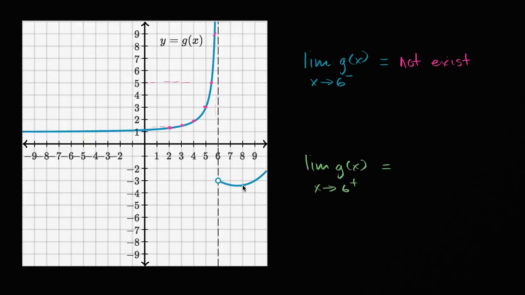We have g of 8 is there, g of 7 is there, g of 6.5 looks like it's a little less than negative 3, g of 6.01 is even closer to negative 3, g of 6.000001 is very close to negative 3. So it looks like this limit, at least looking at it graphically, when we approach 6 from the right, the function is approaching negative 3, but from the left, it's just unbounded, so we'll say it doesn't exist.